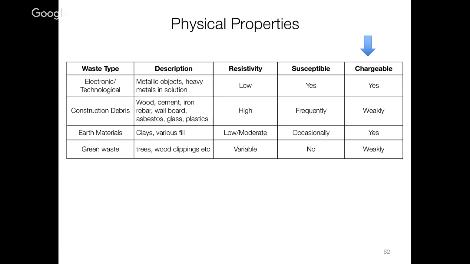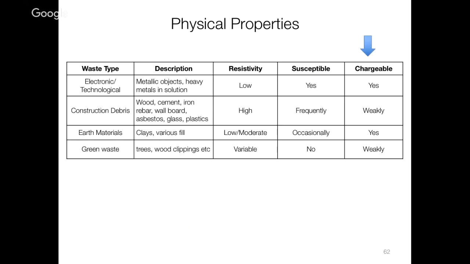So electronics could be metallic objects, heavy metal solution. Construction debris is cement, iron, wood, wallboard, asbestos, glass, plastics. Earth materials, clays, various kinds of fill, and green waste, trees, wood clippings. So those are the things that you might characteristically find in a waste dump.